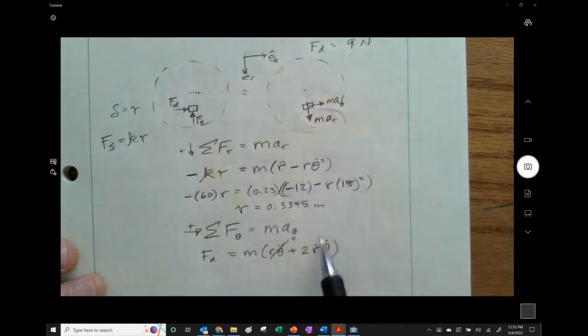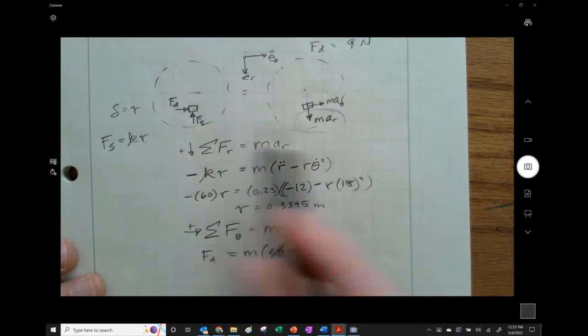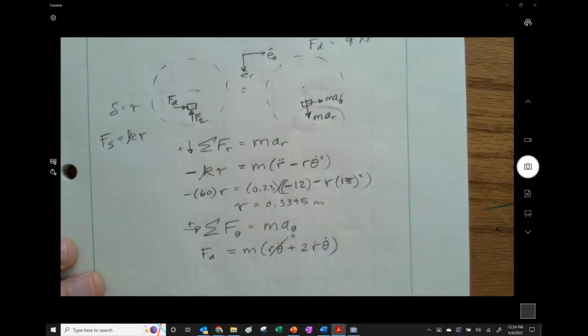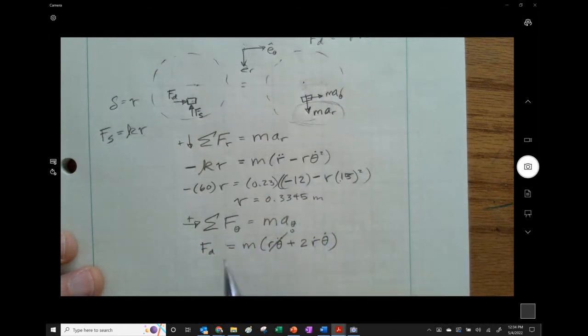Give you all this information and then just ask you what r dot was, and you would need to go through this process just to get to r dot. But anyway, this is 9 and 0.23, and 0 here, plus 2 r dot, and then 15. So we end up with an r dot of 1.304 meters per second.